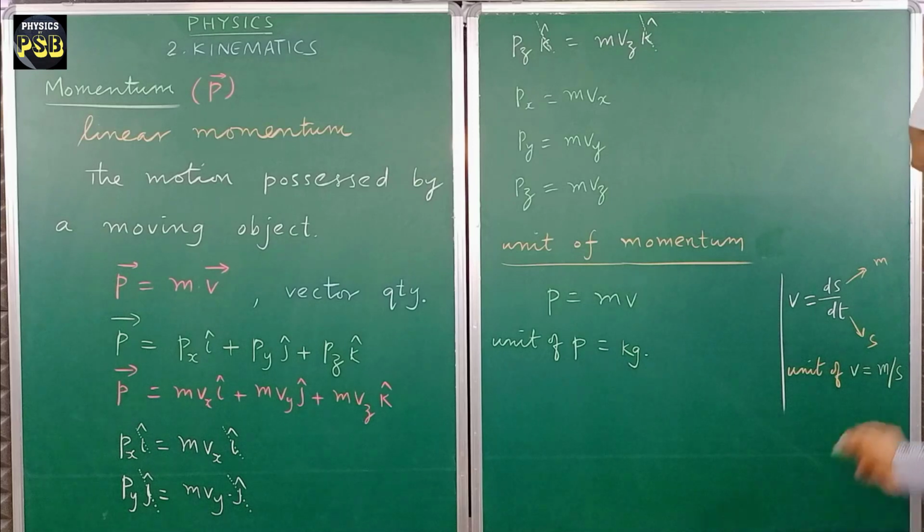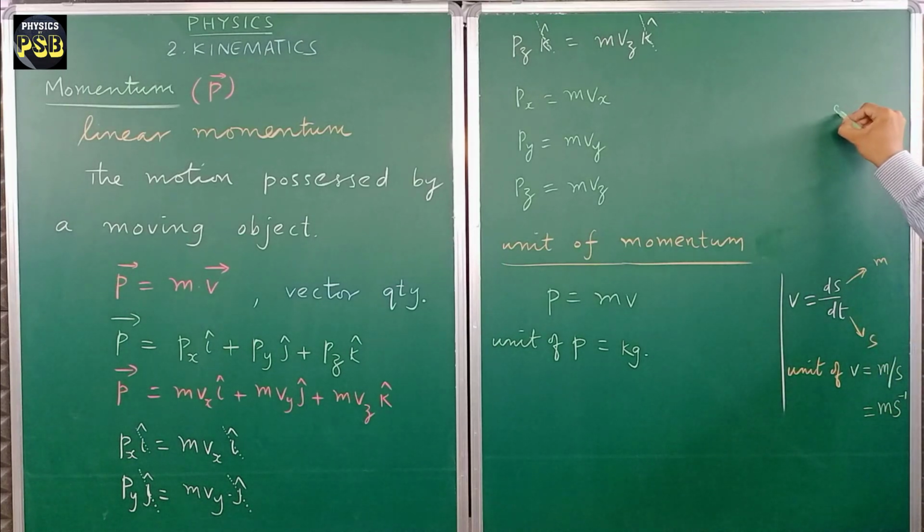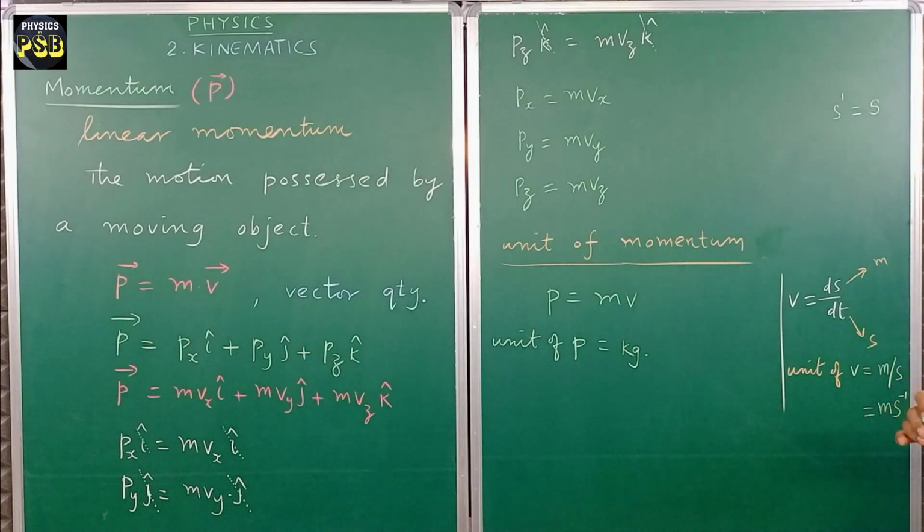Here, meter per second can be represented in another way. If a quantity is present in the denominator, when it is taken to the numerator it is written this way: m s power minus 1. When there is no power written, it means the power is 1. Usually when the power is 1, it is not written, it is mentioned simply as s. Clear?